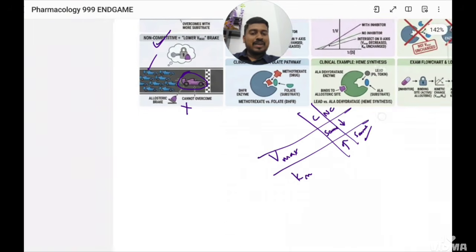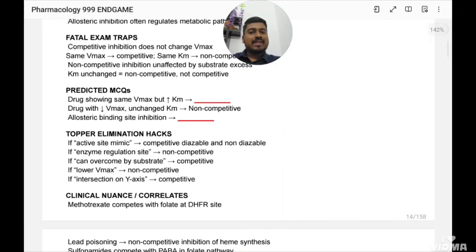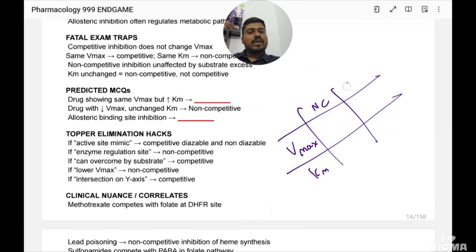Now repeat with me what happens to Vmax and Km, in non-competitive and in competitive. In competitive inhibition, the speed remains the same because the model is the same. Here, Vmax decreases. Why? Because the model of the car is different. What happens to Km?